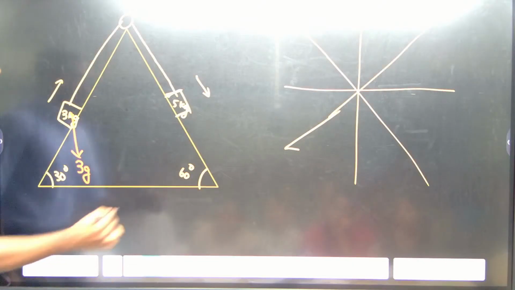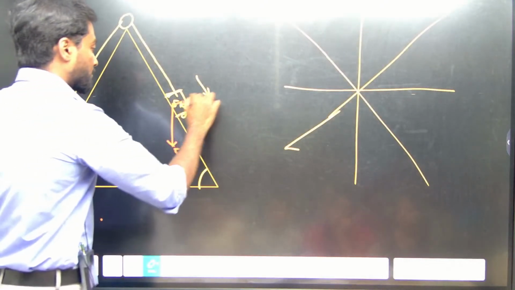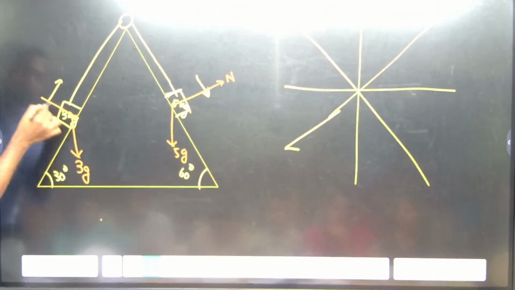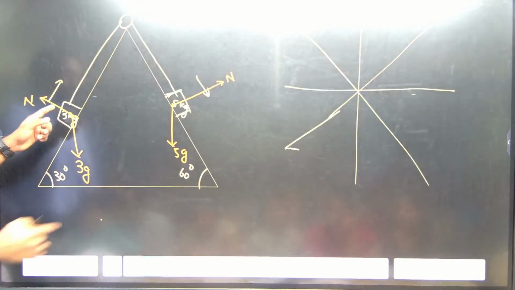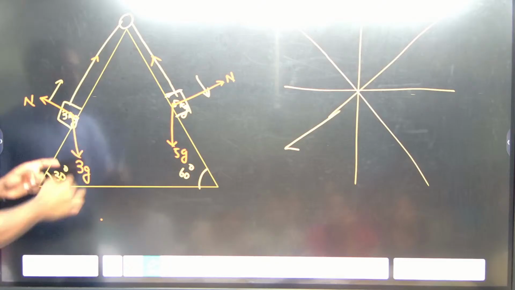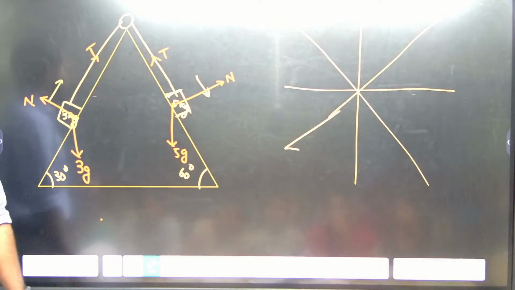And this is my 5g. This is my normal for this, and this is my normal for this one. There will be tension in the opposite direction of the mass. This is a rope, so there will be a tension. Any doubt here?